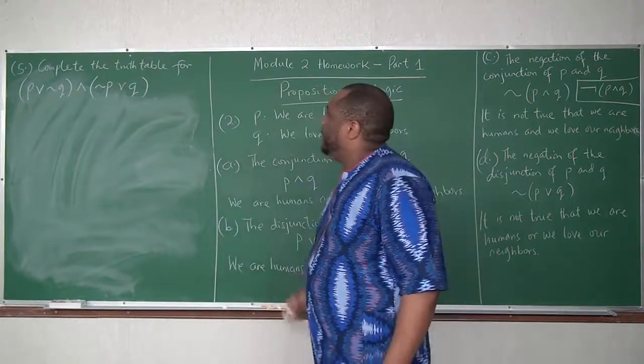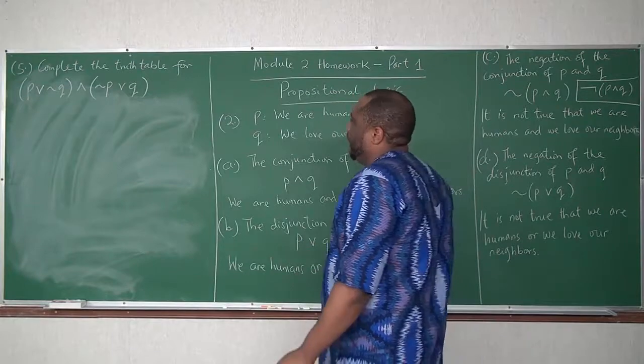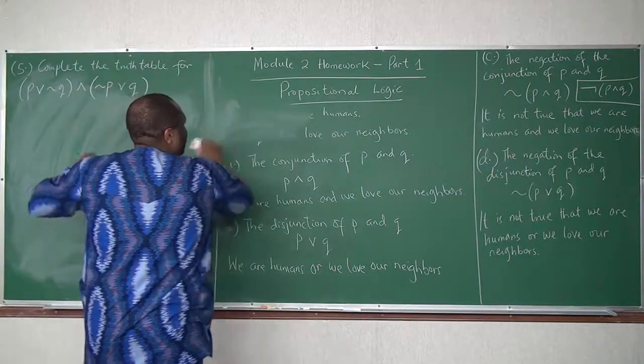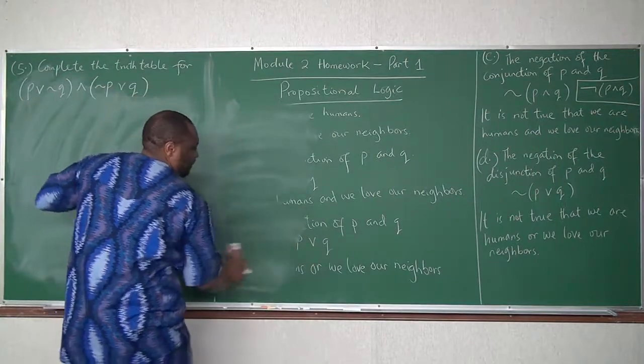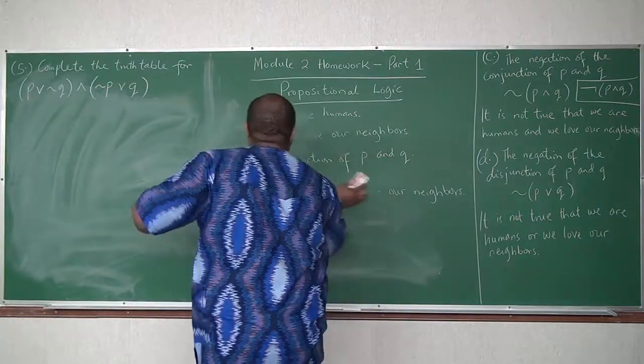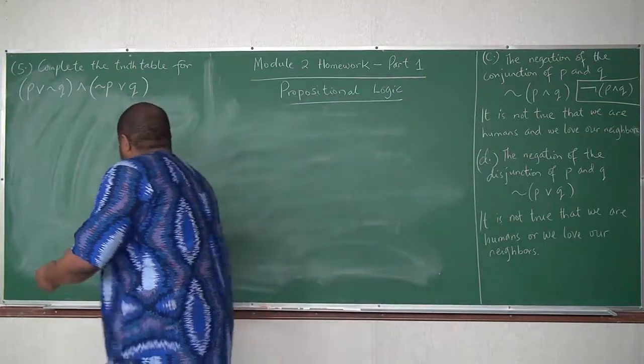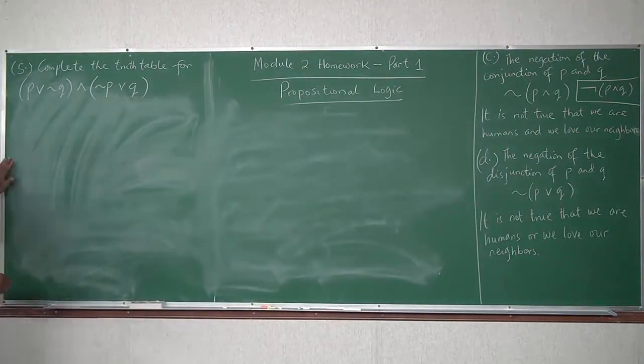But let's go ahead and do this one. I might need space, so let me go ahead and erase this here. So we have at least two statements here, two propositions.